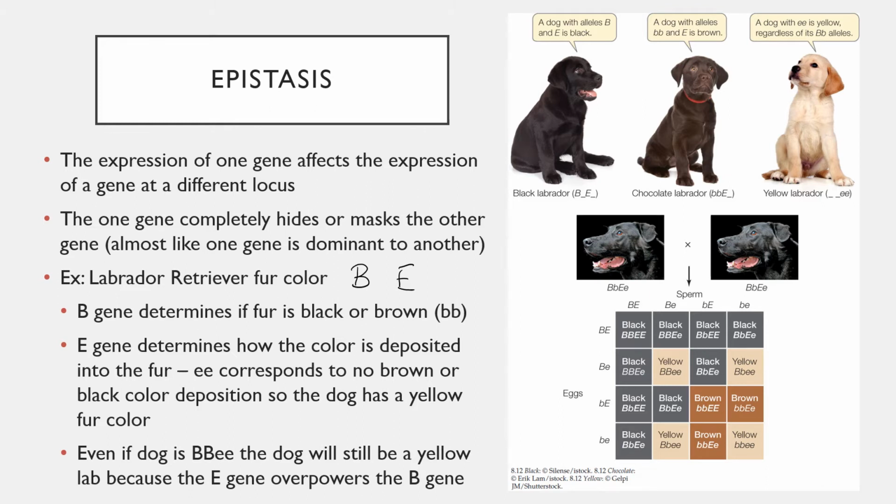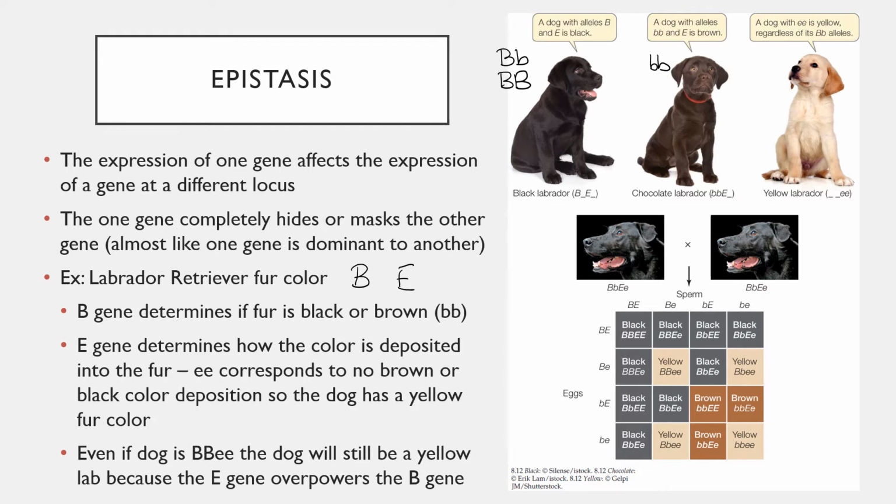The capital allele is going to be linked to the black fur coat, and the lowercase allele is going to be linked to the brown or the chocolate fur coat. So in order to get a chocolate lab, you would have to have 2 little alleles. To have the dark black coat, you can have either the homozygous dominant or the heterozygous situation.